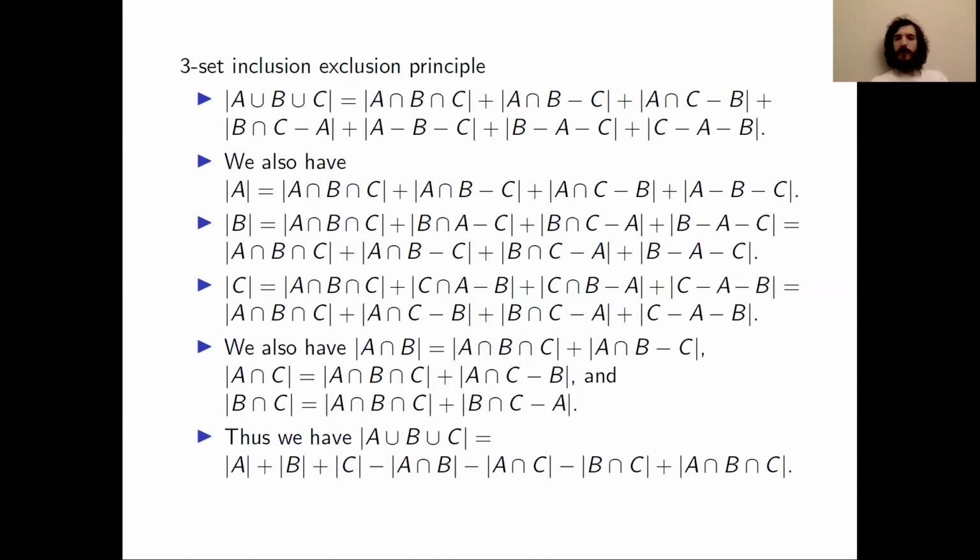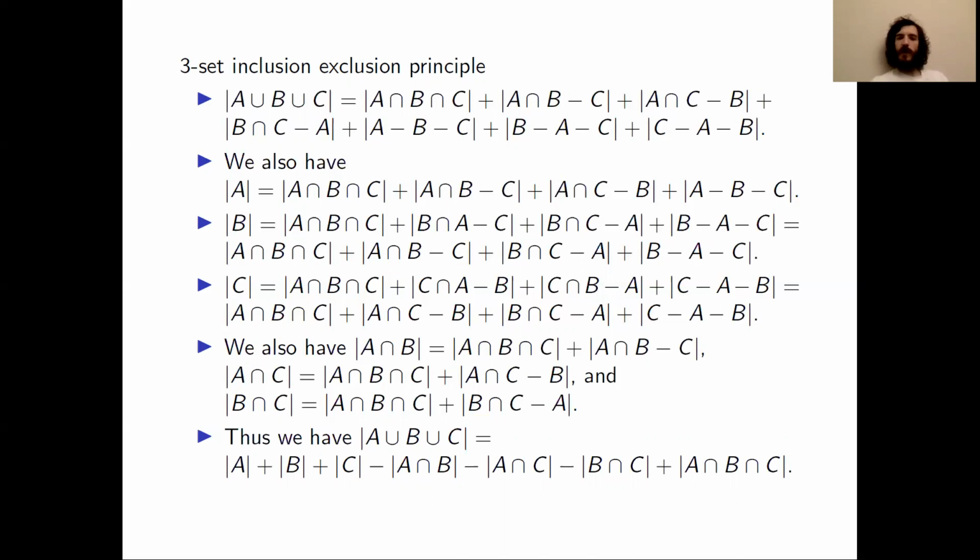And when we combine them, we see that the cardinality of A union B union C is equal to the cardinality of A plus the cardinality of B plus the cardinality of C minus the cardinality of A intersect B minus the cardinality of A intersect C minus the cardinality of B intersect C plus the cardinality of A intersect B intersect C.